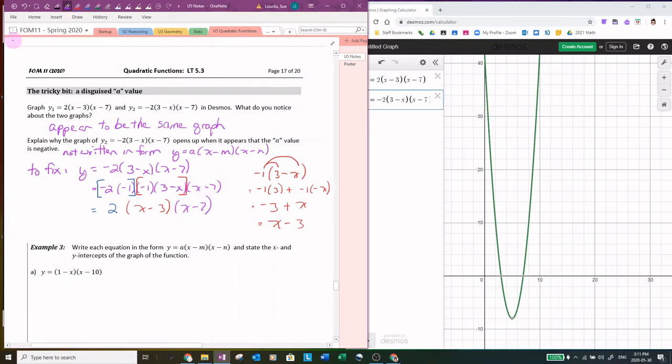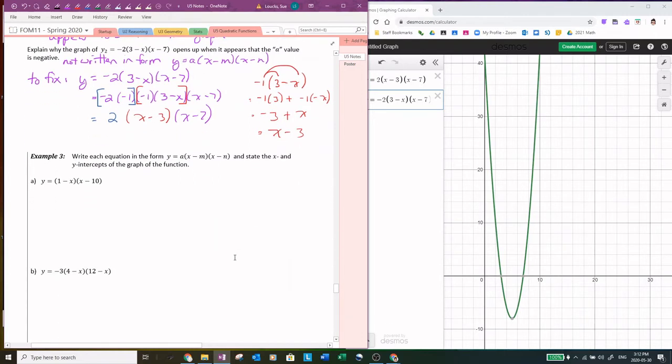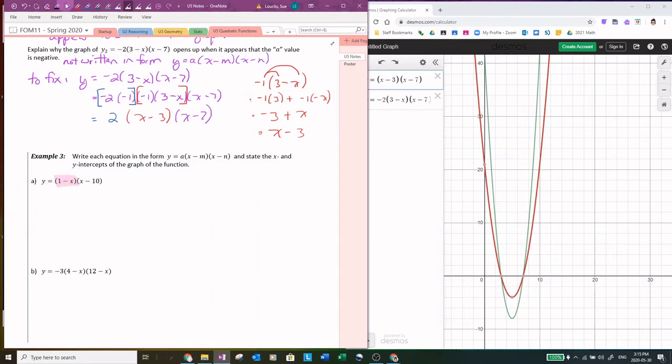Now I have it in the form y = a(x - m)(x - n), but I had to plug in this -1 times -1 to be able to do that. So let's do a couple of examples of that. I notice that I have a 1 - x instead of an x - 1, so I need to change the equation here.